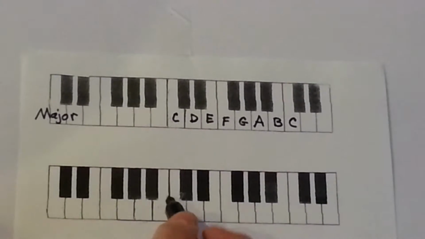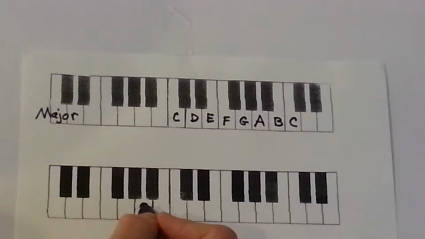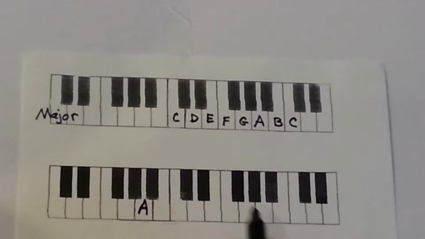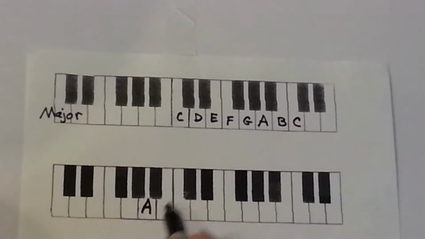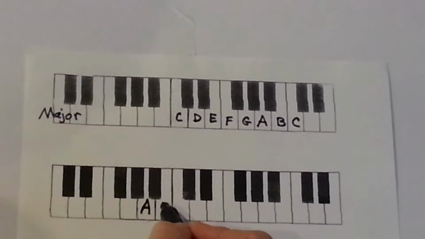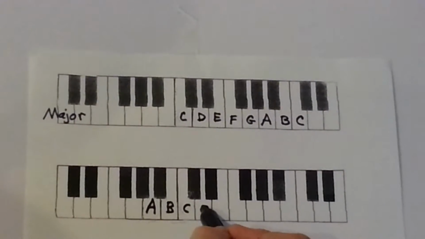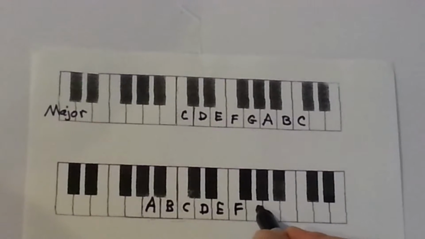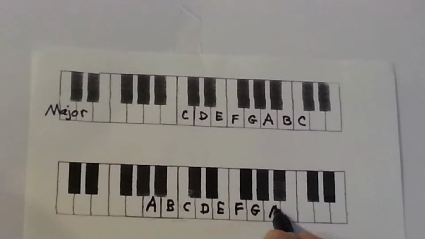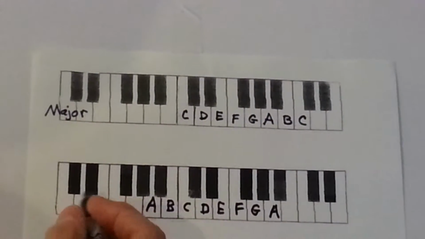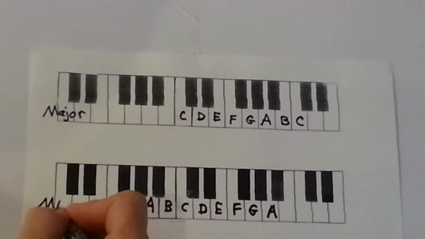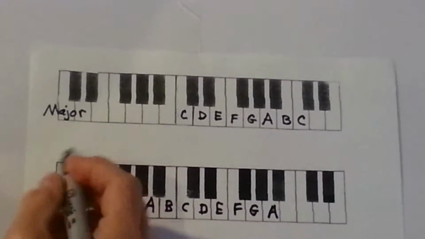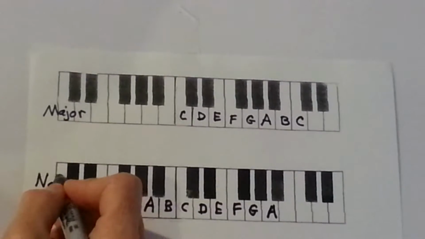That's B, so that's much closer to A. Here's my A. Say those letters from A to A with me. A, B, C, D, E, F, G, A. And that gives us the pattern for the natural minor scale.